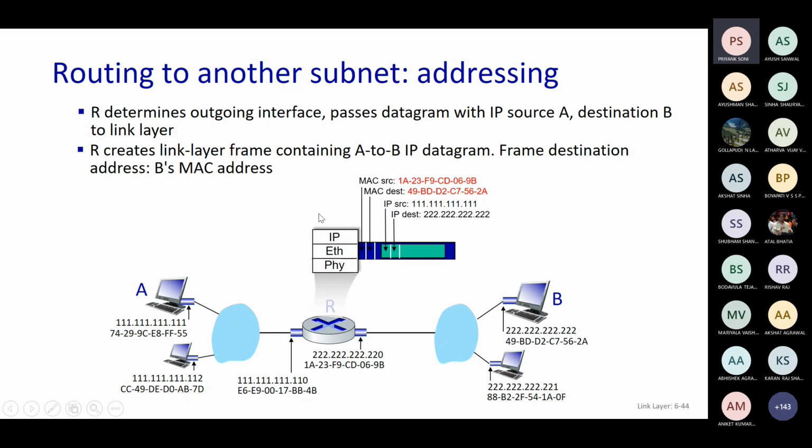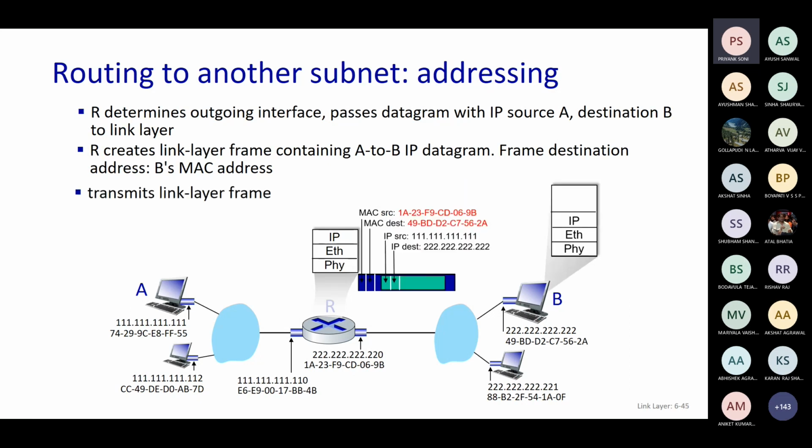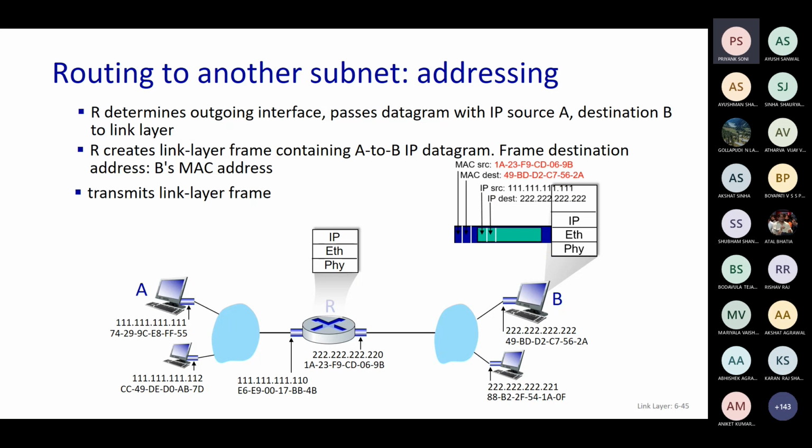So it will simply put this MAC address as the destination address here, and then send the frame to the corresponding destination. This is how the frame reaches the destination B.